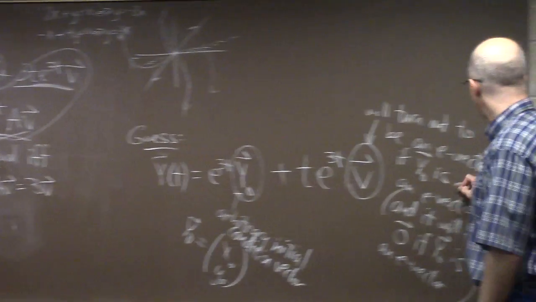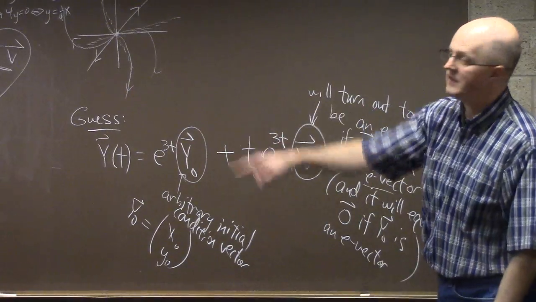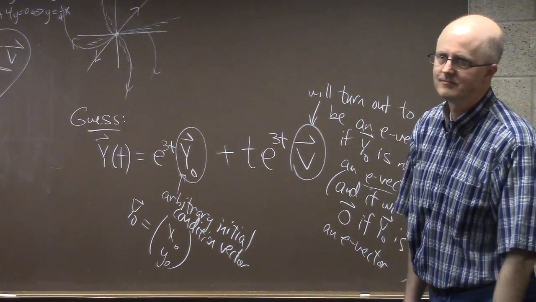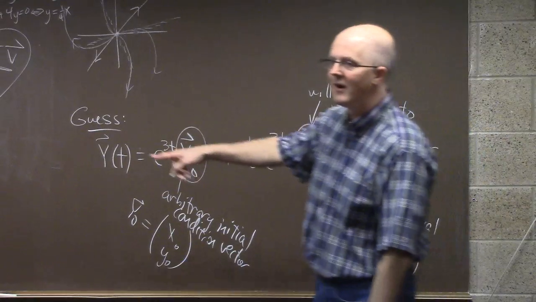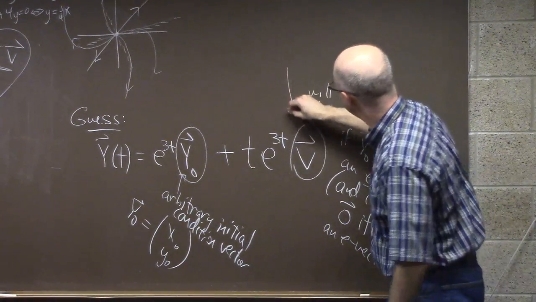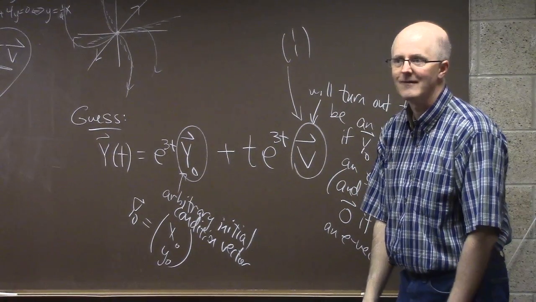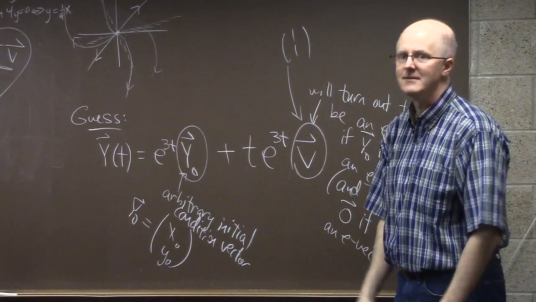If y0 is not an eigenvector, which is going to be the typical case, it's going to turn out that v will be an eigenvector. What I found for the eigenvector, that's valid.